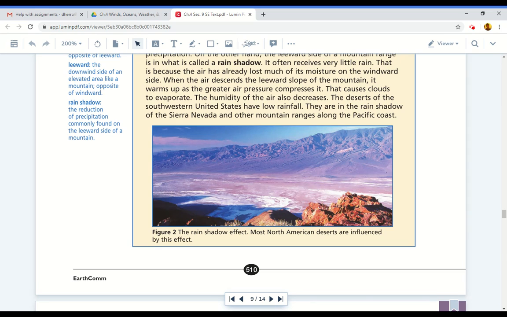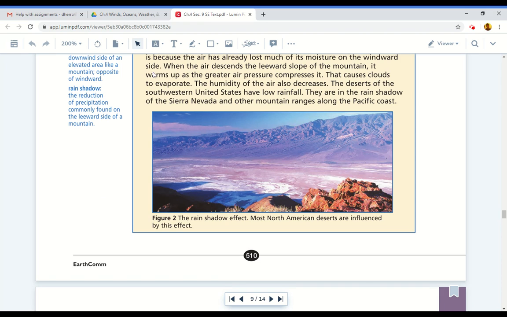On the other hand, the leeward side of a mountain range is in what is called a rain shadow. It often receives very little rain. That is because the air has already lost much of its moisture on the windward side. When the air descends the leeward slope of the mountain, it warms up as the greater air pressure compresses it.